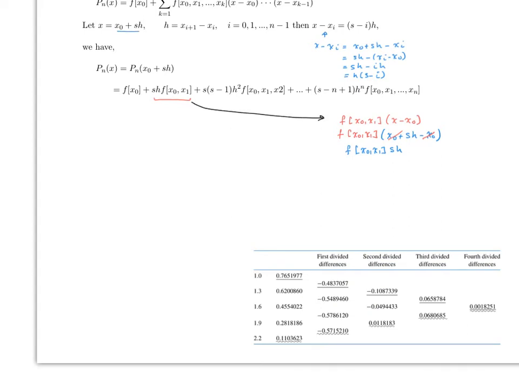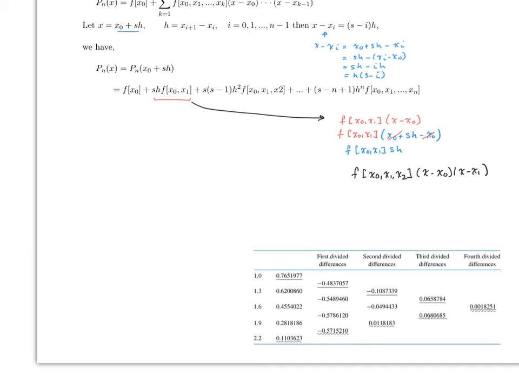Now the next part is done exactly the same way. Remember that you have f of x0 x1 x2, and this has to be multiplied by x minus x0 times x minus x1.